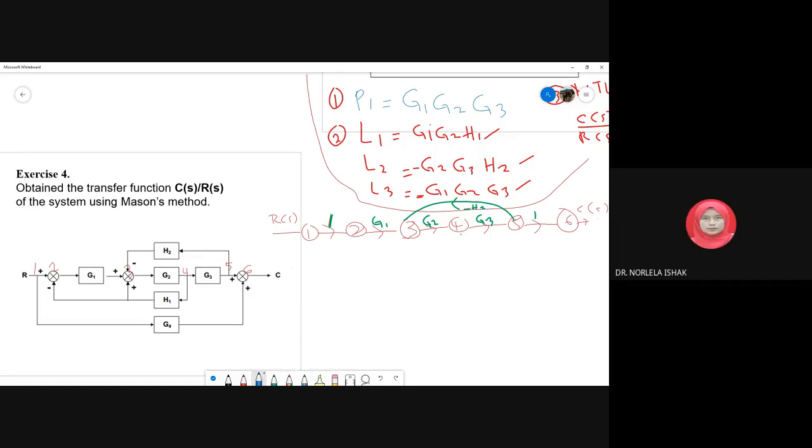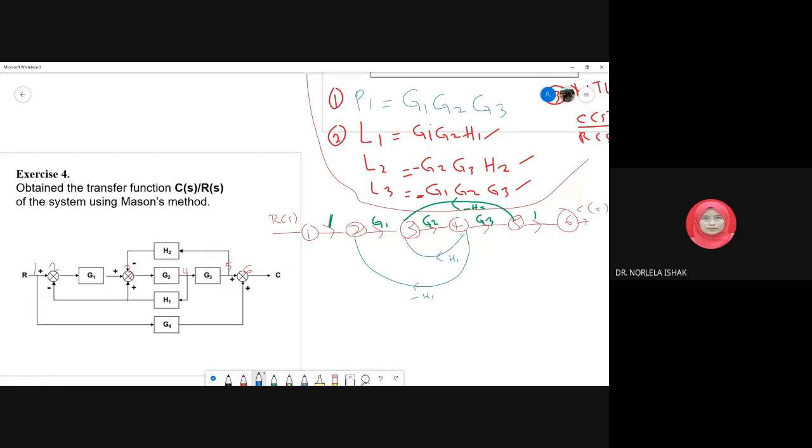Okay, first 4 pergi dekat sini, betul? Okay, ini adalah H1. Okay, lagi satu 4 pergi dekat 2. Okay, label dia? Negative H1. Okay, good. Macam tu.